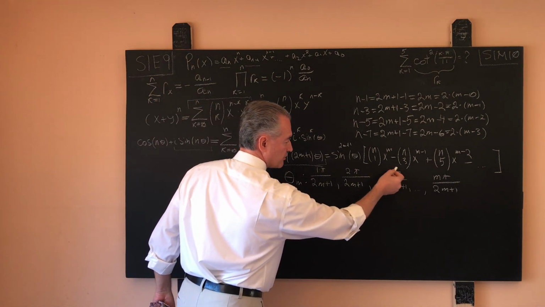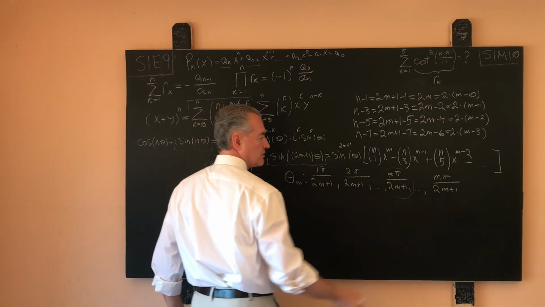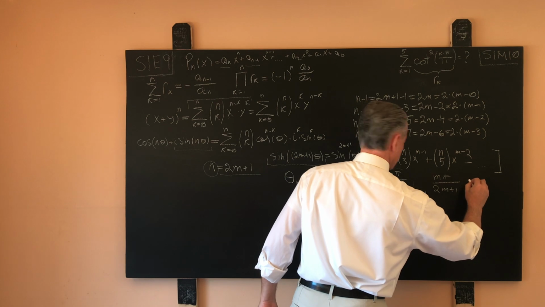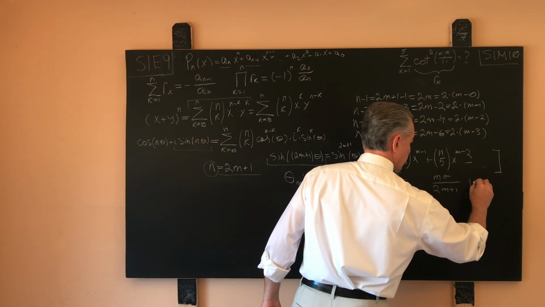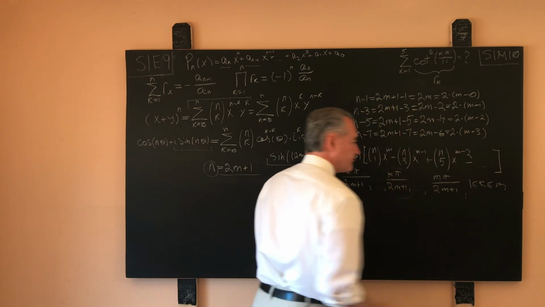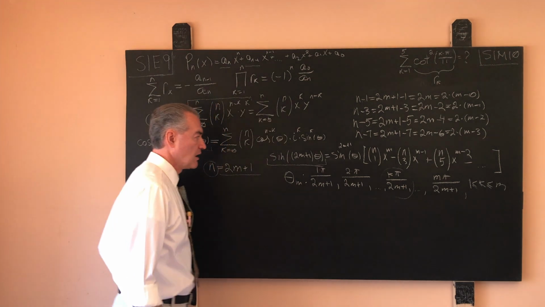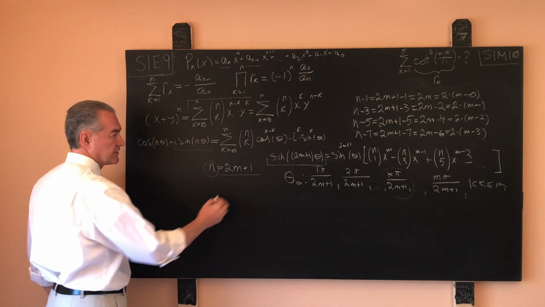For example, a typical representative for such a value will be k pi. To be pedantic, we'll write that k varies between 1 and m.